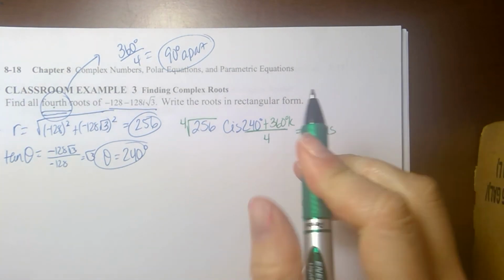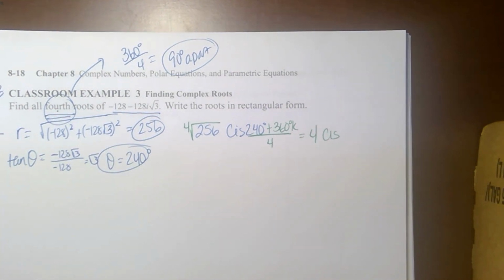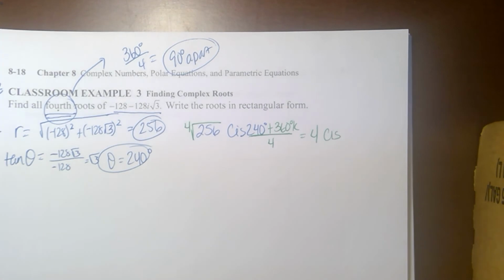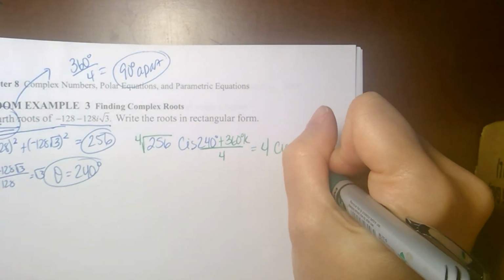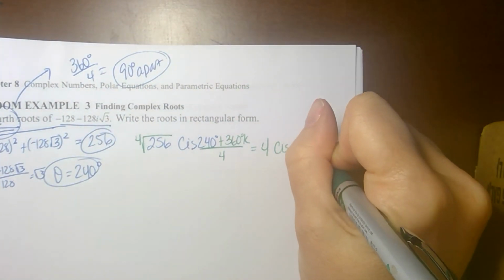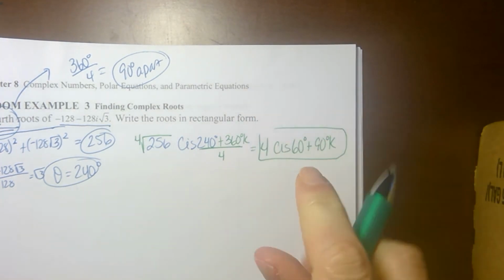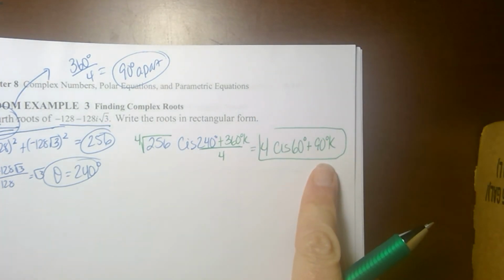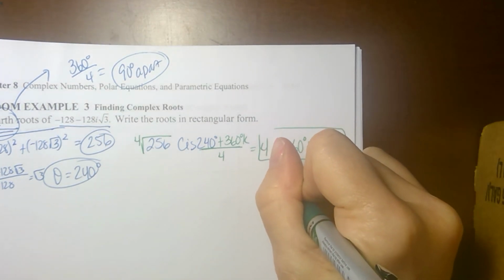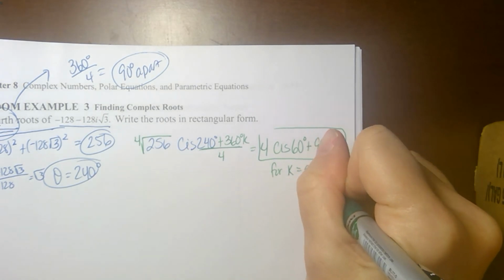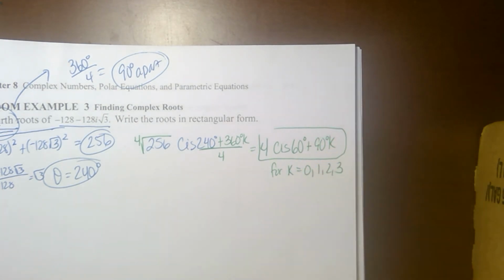And then CIS, 240 divided by 4 is 60 degrees. So that's the location of my first root, plus 90 degrees k, which we already knew, because every root is going to come at a rotation of 90 degrees after the first root. And I need values of k: 0, 1, 2, and 3.